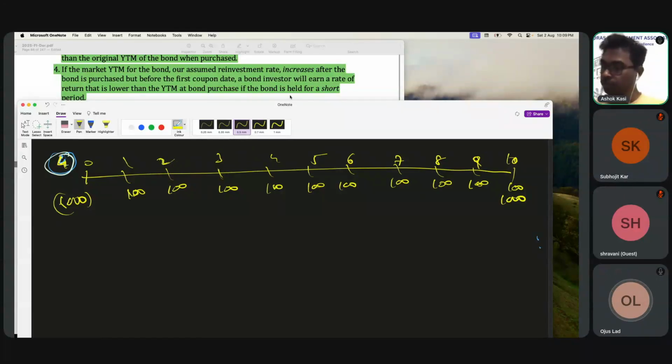Interest has gone up. Let's say you are holding only for 2 years. Now let's see how it works.